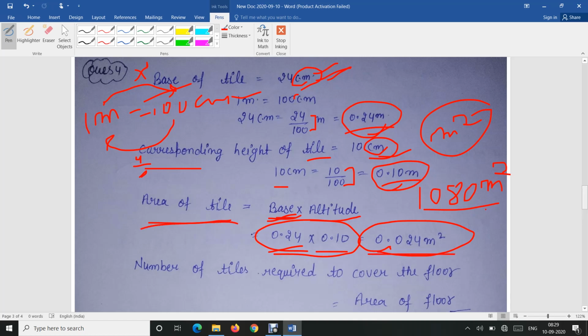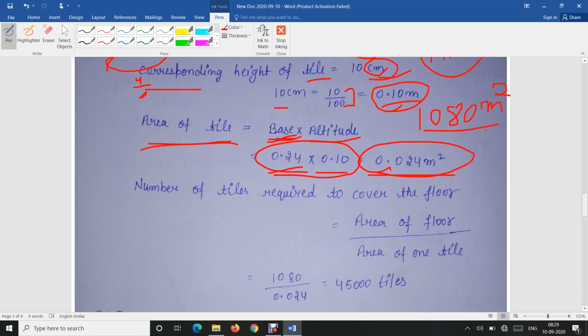Now the question asked is to find the number of tiles required to cover the floor. So let the number of tiles required to cover the floor be n.